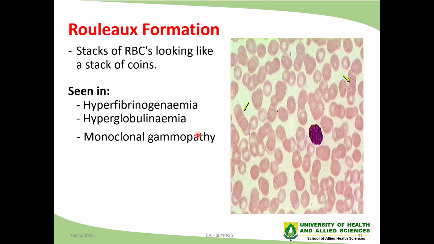Then we also have a type which is of unknown significance. It doesn't seem to have any consequence on the patient, and we call that monoclonal gammopathy of unknown significance. So if we see rouleau, we need to establish whether we are dealing with a monoclonal gammopathy of unknown significance or another condition such as multiple myeloma or Waldenstrom's macroglobulinemia.